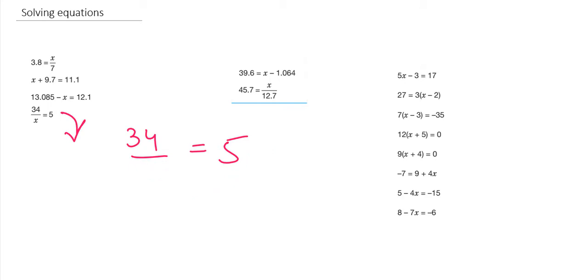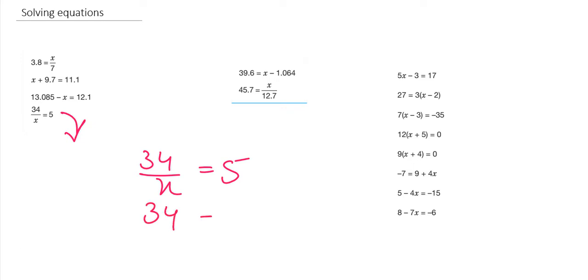You can see that when we replace that to the other side, the operation will change to multiplication. 34 over x equals 5, 34, 5, and that's the answer.